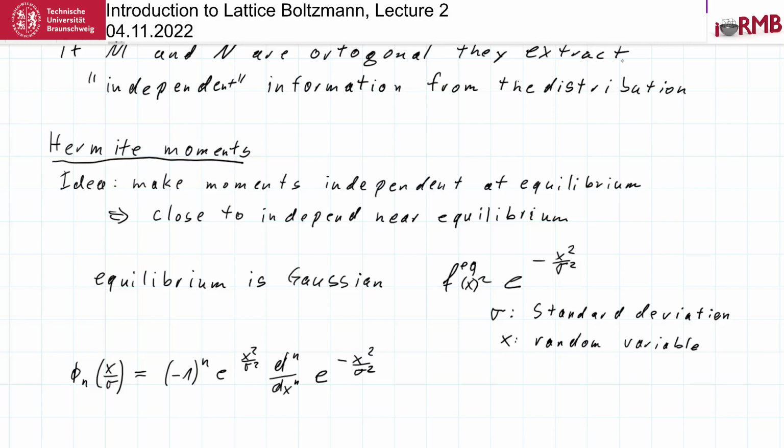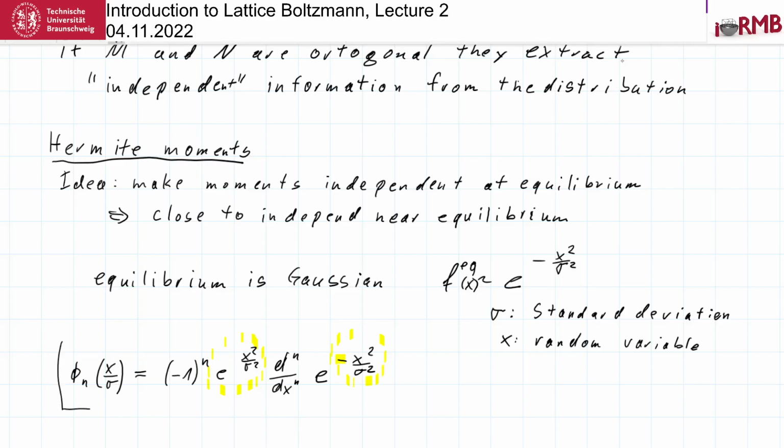Do you see that this is a polynomial? If you take derivatives of the exponential function, you get a polynomial, and this exponential will always be there, and this has a minus here, and here we have the same thing without a minus, so at the end of the day, they will cancel out, and what is left is the polynomial.